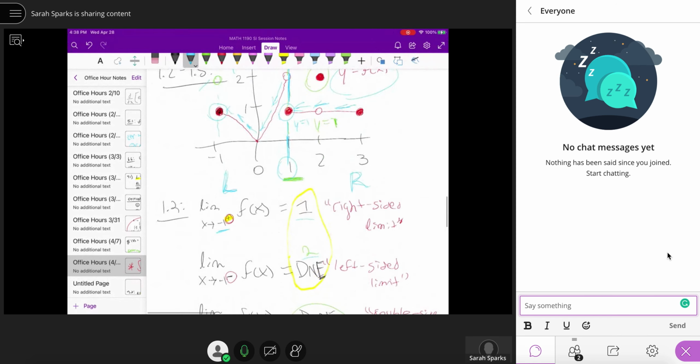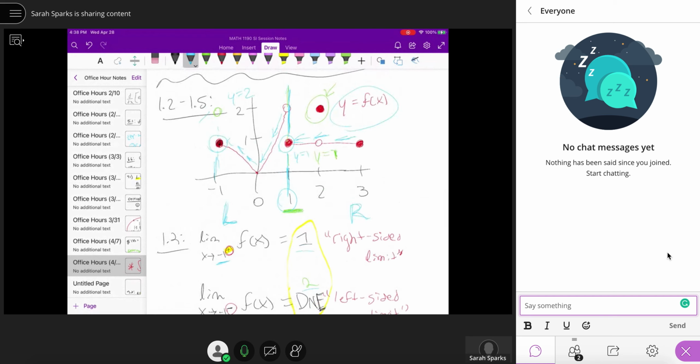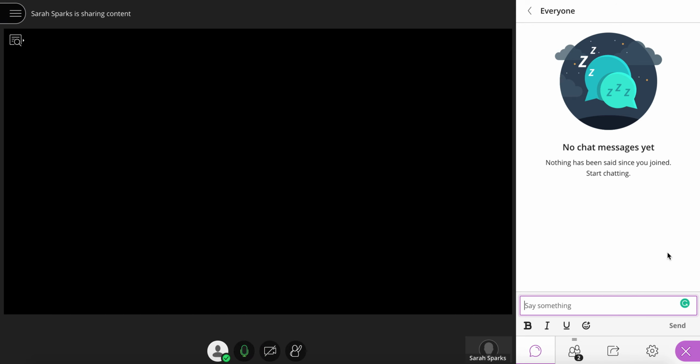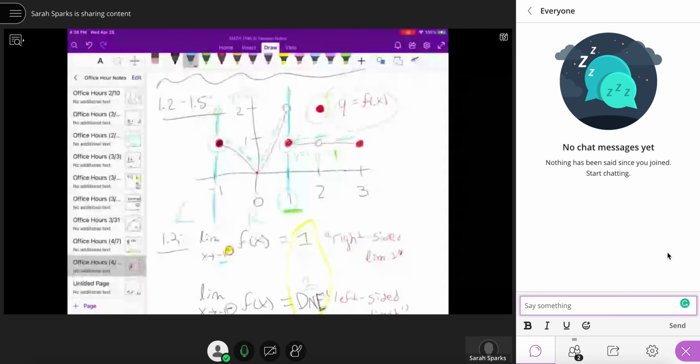For example, if we were looking at -1, that line would move all the way right here, and then this would be the right side, and this would be the left side. That helps clarify. So if you need to draw that asymptote line when you're doing a one-sided limit, I really encourage you to, because that means you're only going to look at that right side of the function. Nothing on the left side even matters.